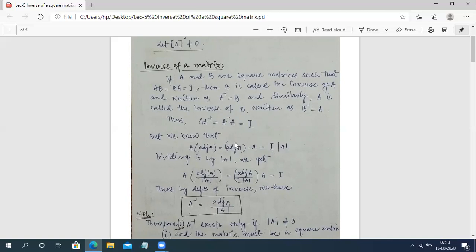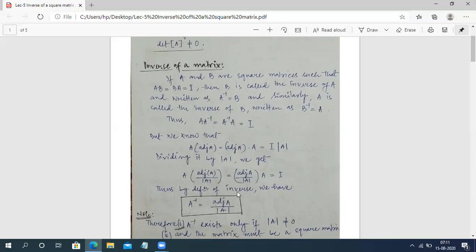Okay. Now since A into adjoint of A is equal to adjoint of A into A is equal to identity matrix into its determinant value, now divide the whole equation by determinant of A and we will have this result. A into adjoint of A by determinant of A is equal to I, and this relation holds both ways.